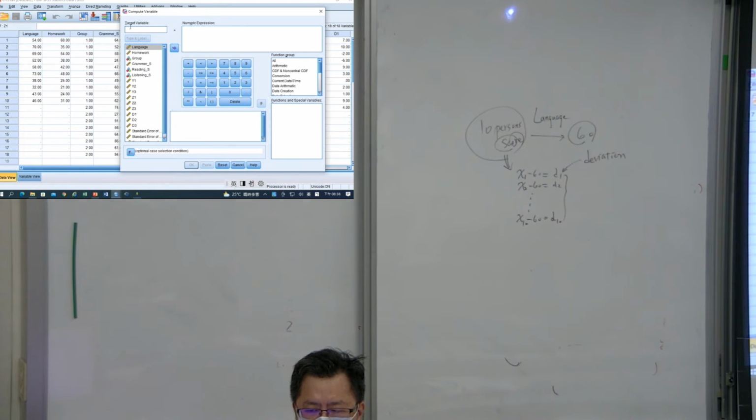Then we define a target variable D1, deviation 1. Deviation 1 is equal to language score minus 60. Okay? Then okay. So we got a D1.